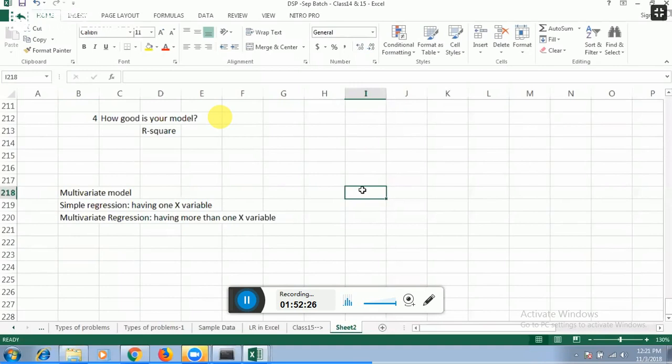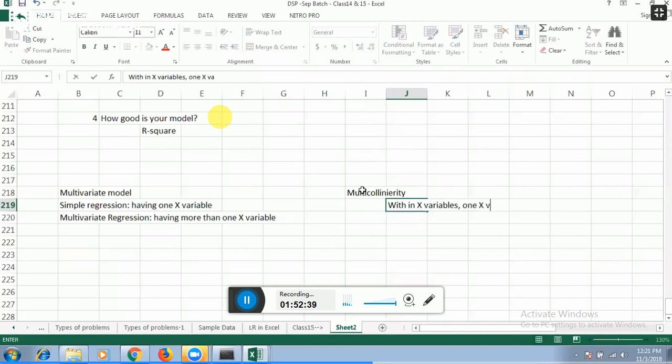This is where the concept of multicollinearity comes into the picture. So what is multicollinearity? Within the x variables, one x variable is expressed as a function of the other x variables. That means one variable depends on the other variables.